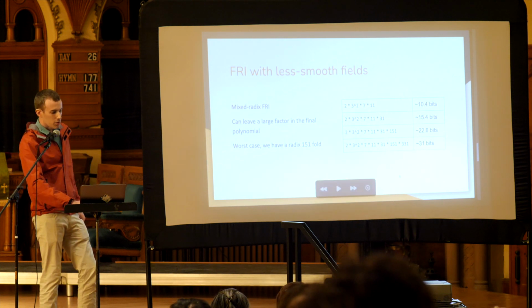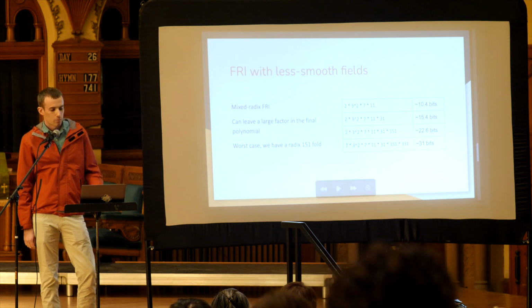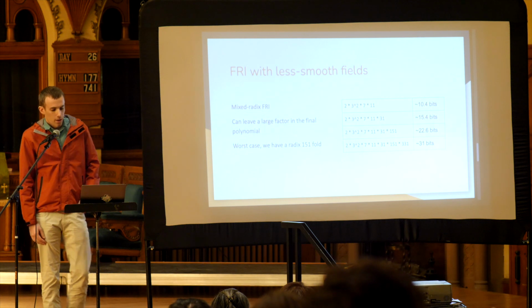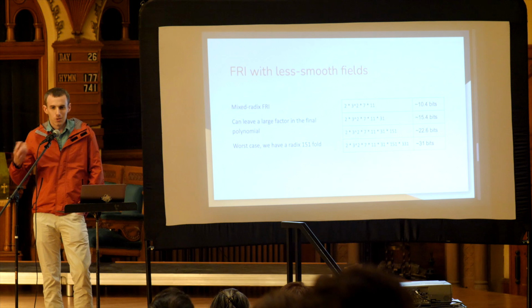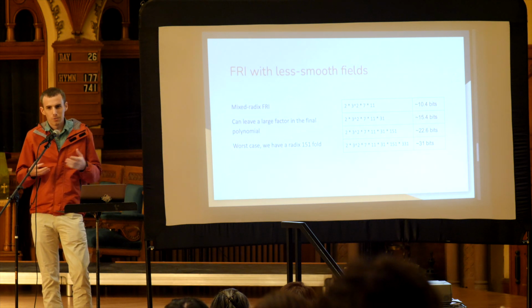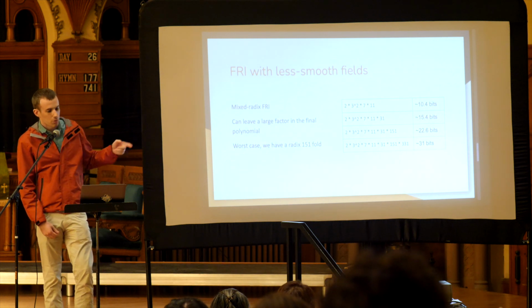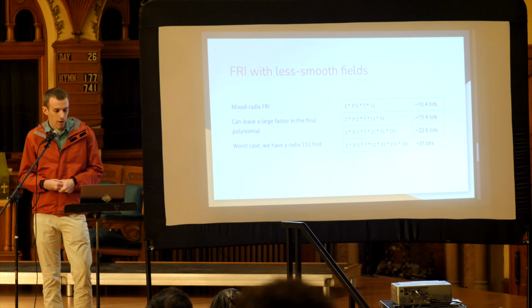So actually, this is the factorization of the multiplicative group of this Mersenne prime. As you can see, there's only one factor of 2, but there are some factors like 3, 7, 11, which are also pretty small. So we can still use FRI on a subgroup like the one at the top, which would be relatively smooth and would work well with FRI.